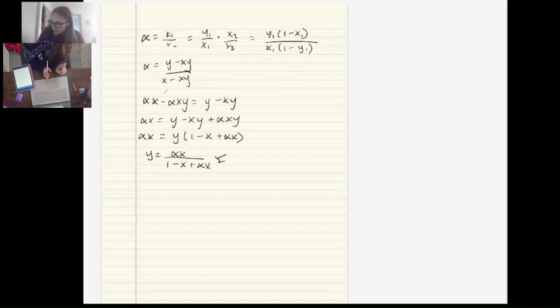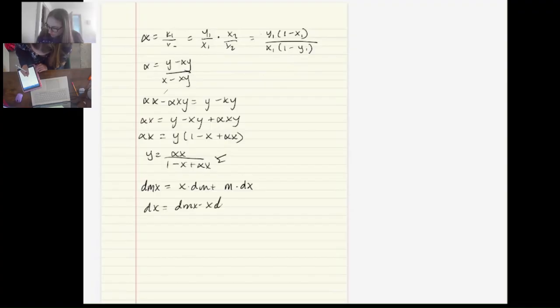So dmx is equal to x times dm plus m times dx. So we're going to solve for dx. When we get this, dx is equal to, I'm just going to rearrange these, dmx minus x dm all over m. So these two equations are going to be important for our coding portion.